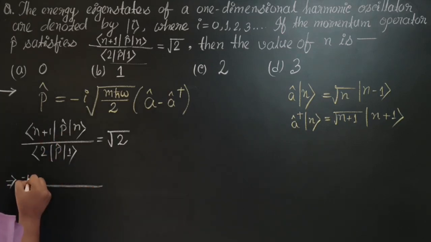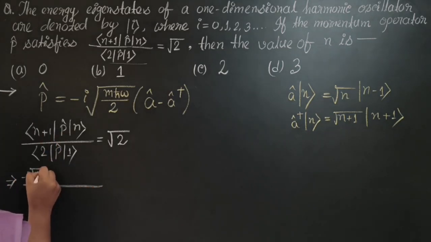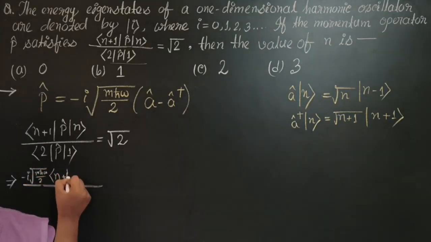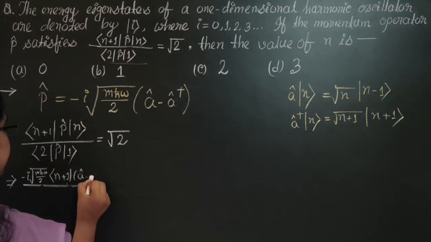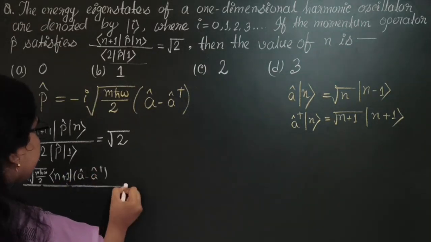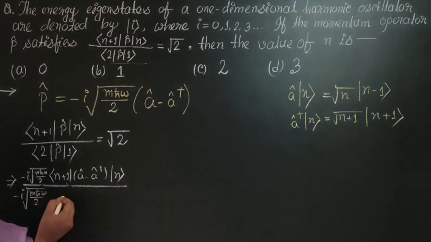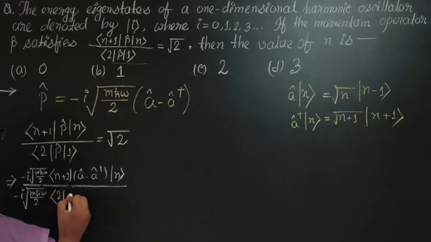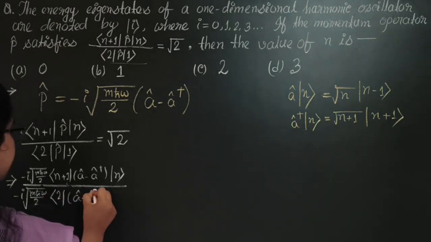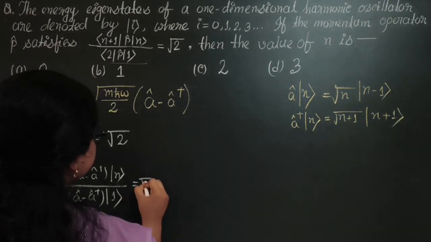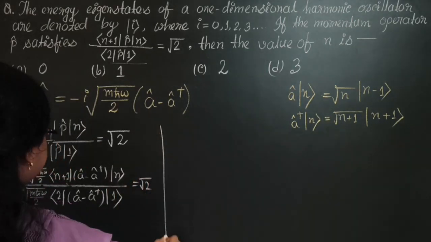So it will be minus i root under mħω by 2 ⟨n+1| (a minus a dagger) acting on |n⟩. Similarly, minus i root under mħω by 2 (a minus a dagger) acting on state 1 equals to root 2. Now calculate this.